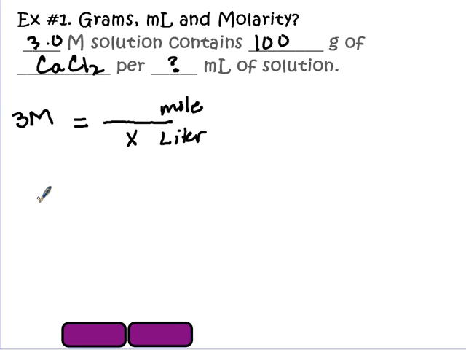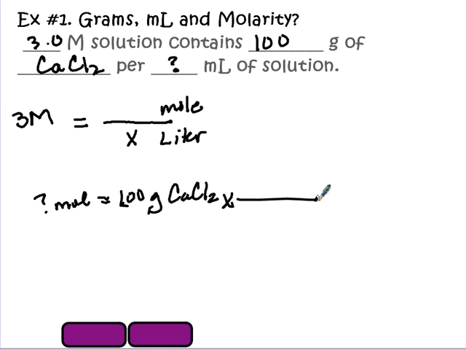So here we go. I want to know how many moles is equal to 100 grams of calcium chloride. So I will do my dimensional analysis. On the top I will put moles, because that's what I'm trying to change it into.